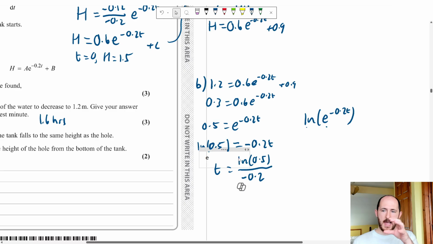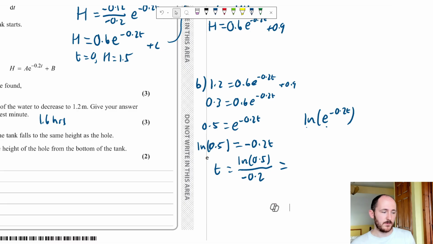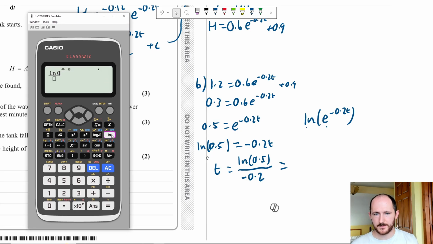Again, ln of a number that's less than 1 is going to give you a negative, so a negative divided by a negative. So don't worry about the negative in the denominator, it's to cancel the negative we're going to get in the numerator. So it is reasonable.